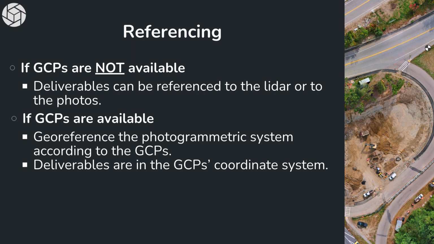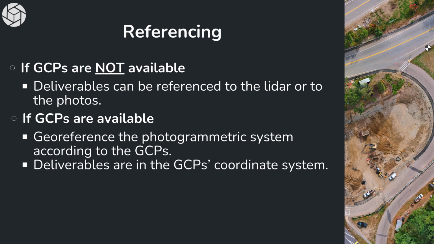I didn't talk about the case when the project has ground controls or GCPs. If we have GCPs, then first we georeference the photo model to the GCPs by solving the bundle adjustment without any LiDAR input. Then we compute the matched points' coordinates in the georeferenced photo network.